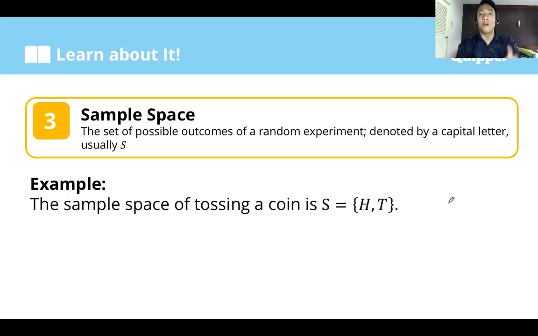If you already know kung ano yung magiging outcome mo, malalaman mo ano yung mga sample space. So we say sample space is the set of possible outcomes. Ano yung possible outcomes?